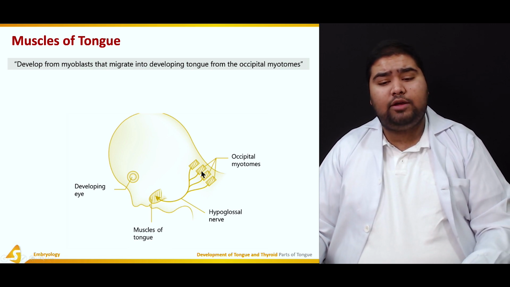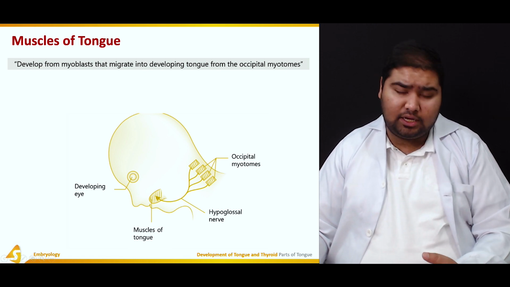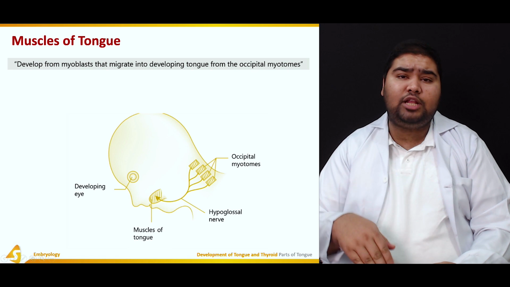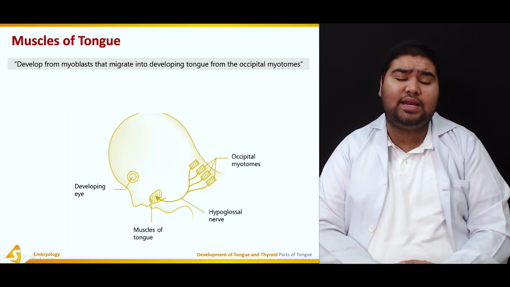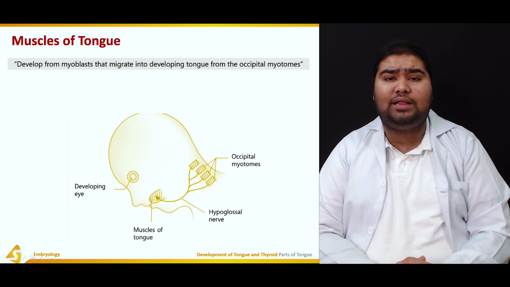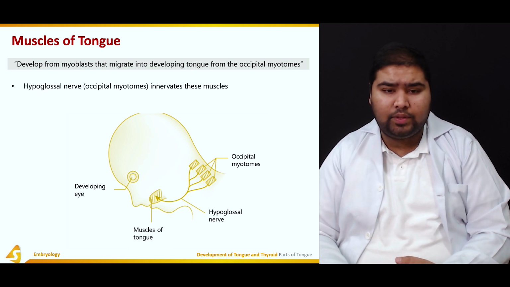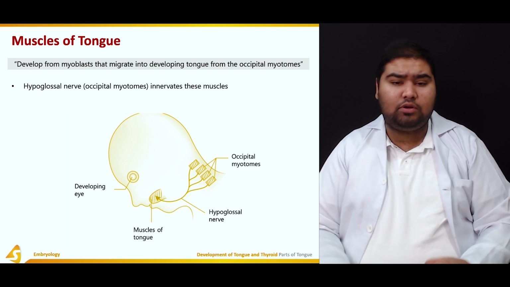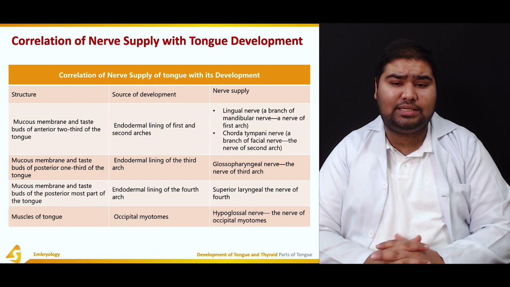These occipital myotomes are actually supplied by the hypoglossal nerve. When they migrate to the developing tongue, this hypoglossal nerve migrates along with these migrating cells, and hence it retains its nerve supply, and this is the nerve supply of most of the muscles of the adult tongue. So the hypoglossal nerve innervates the occipital myotomes and supplies the adult tongue.